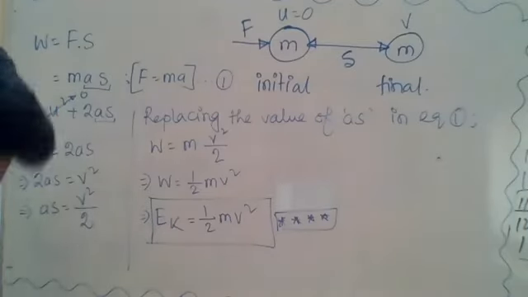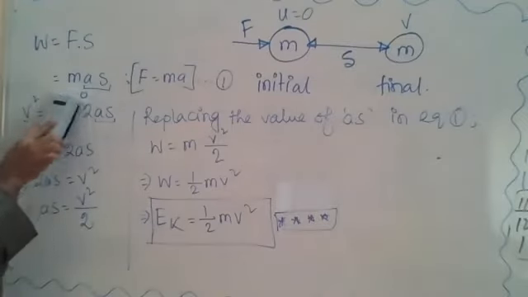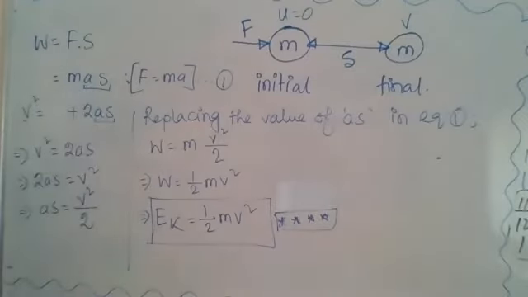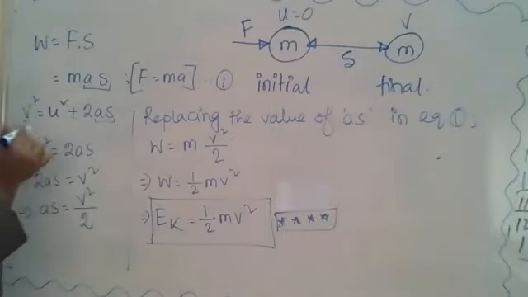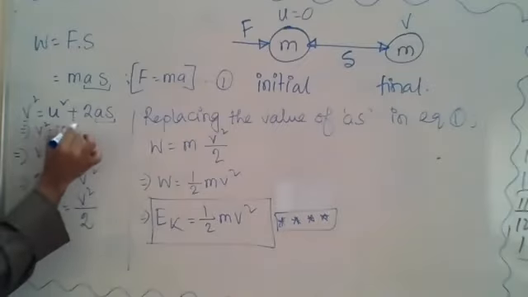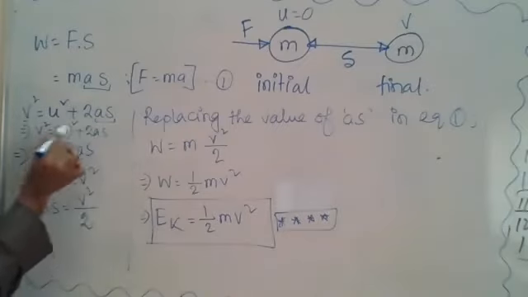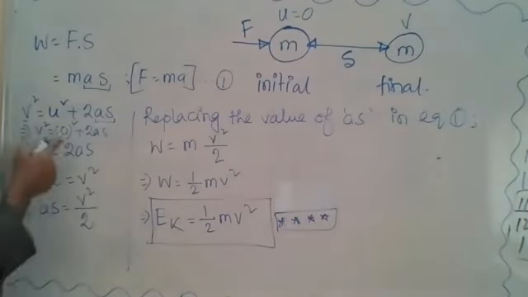Okay, I will not put an arrow. We can just consider this one as 0. In the next line, if I replace the value, V square will be 0 square plus 2AS. Now 0 square is 0, so we will remove the 0 here. So V square equal to 2AS. We can write this.